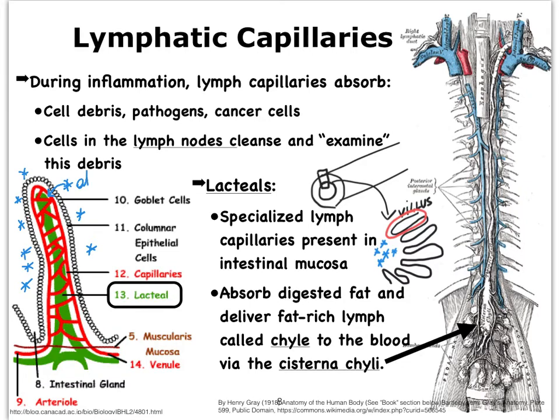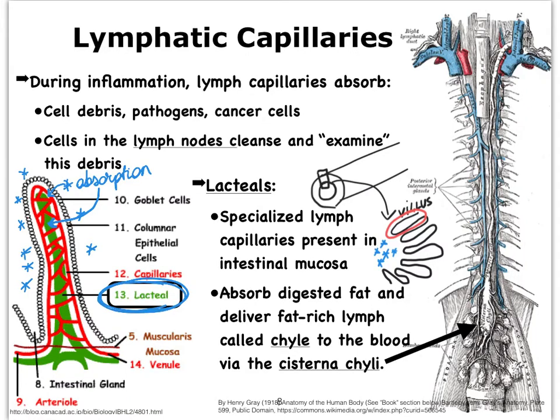And of course, we call that absorption. But some of those nutrients, and particularly in the small intestine, lipids, or fats, I should say, are going to also be absorbed into these lymphatic capillaries, which have a unique name in the small intestine.